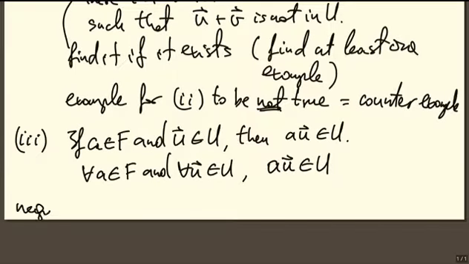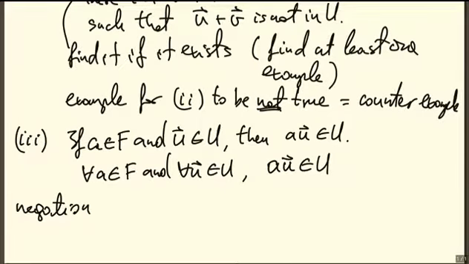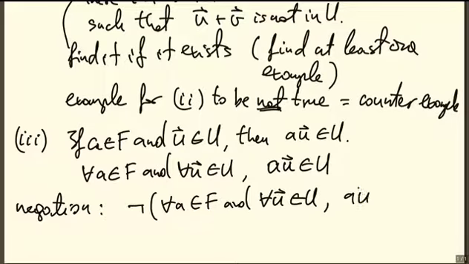Then the negation. If you want to show that this fails, then we have to show that the negation holds. The negation is true. So we say that it's not true that for all a in F and for all u in set U, we have au in U. Again, the universal quantifier changes into existential.